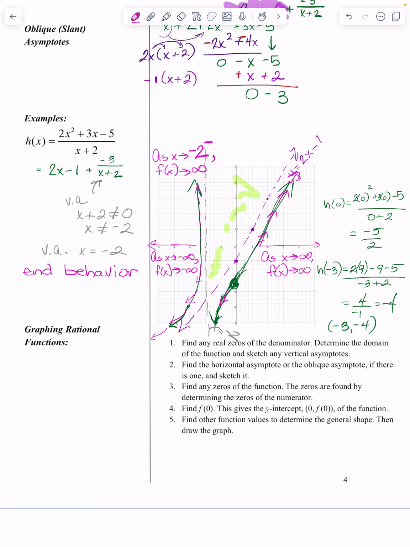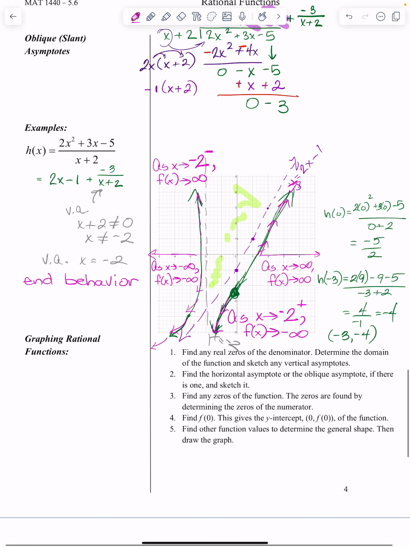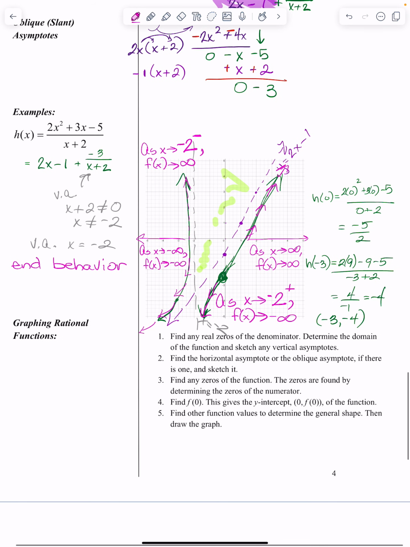And then the other side here, as x goes to -2 from the positive side, f of x is heading down to -infinity. Okay.